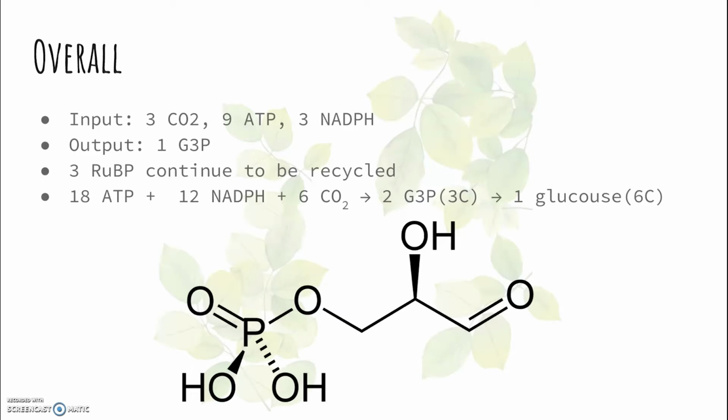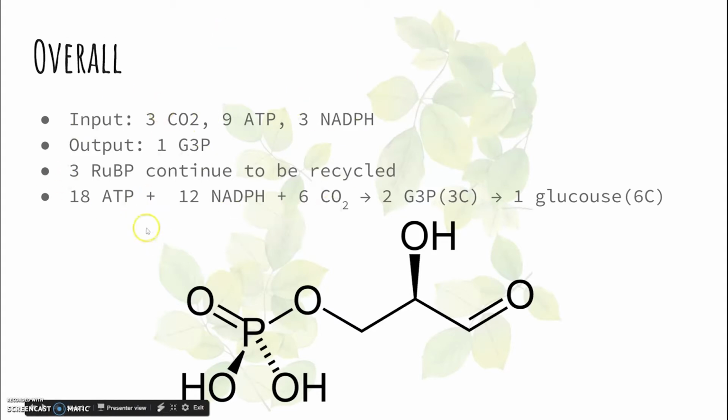But actually, for every CO2, you have 2 G3Ps being made. The numbers you see in the diagrams in the textbooks are just 3 cycles happening so that you end up with 1 glucose as the output.